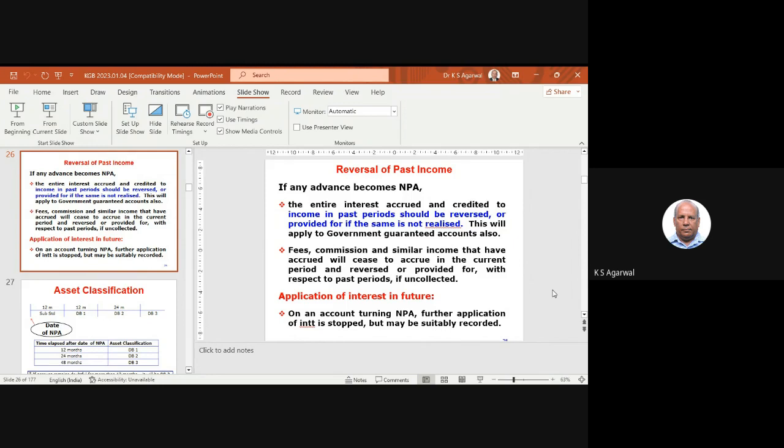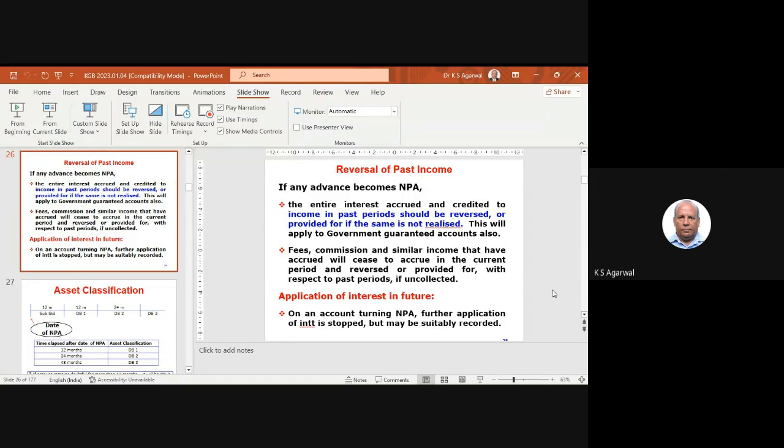So I have two options. I can debit my interest income account and credit the account, or I can debit the interest account and make provisions in sundry provisions. So the entire interest accrued and credited to income in past periods should be reversed. Reverse means credited to the account or provided for.